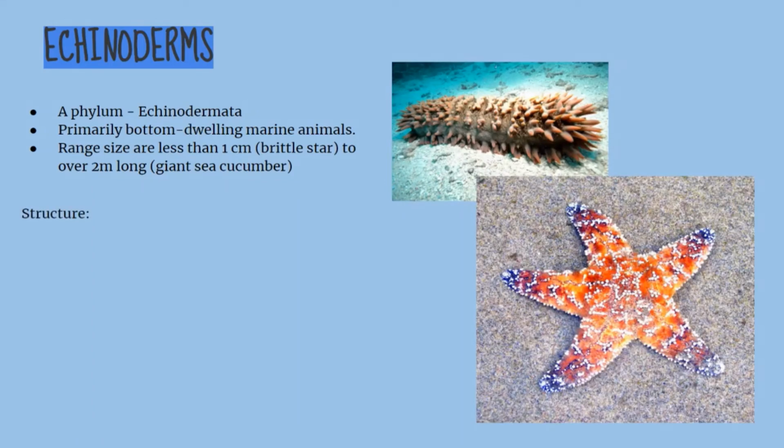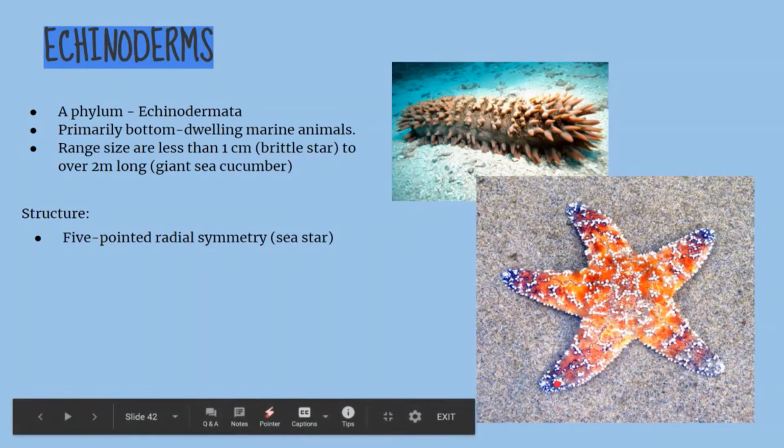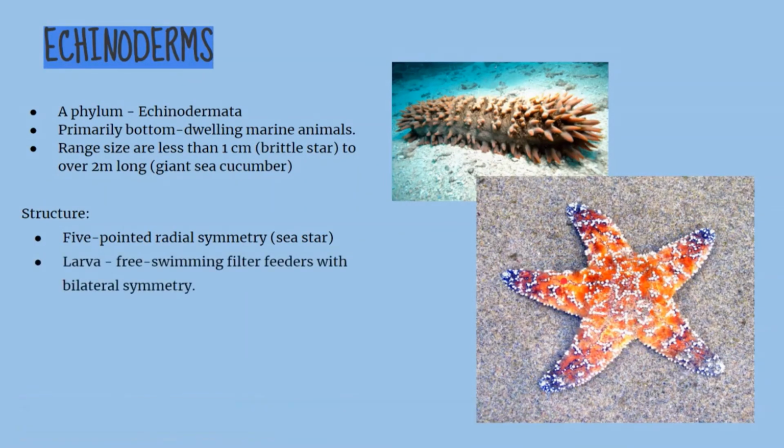The most striking feature of echinoderms is their five-pointed radial symmetry, as illustrated by a dove sea star. We can see that the sea star has five-pointed radial symmetry, while its larvae are free-swimming filter feeders with bilateral symmetry.